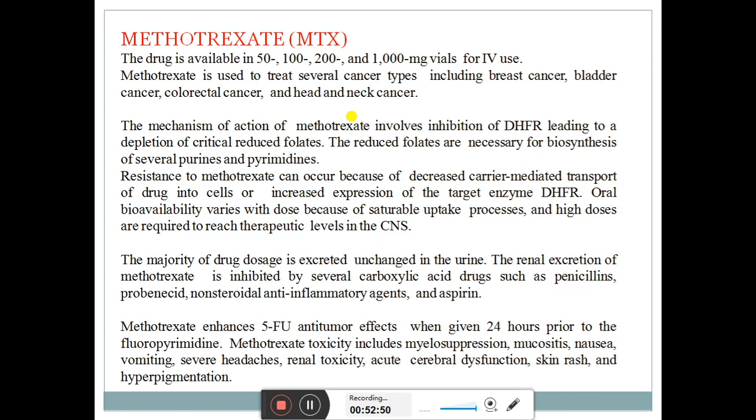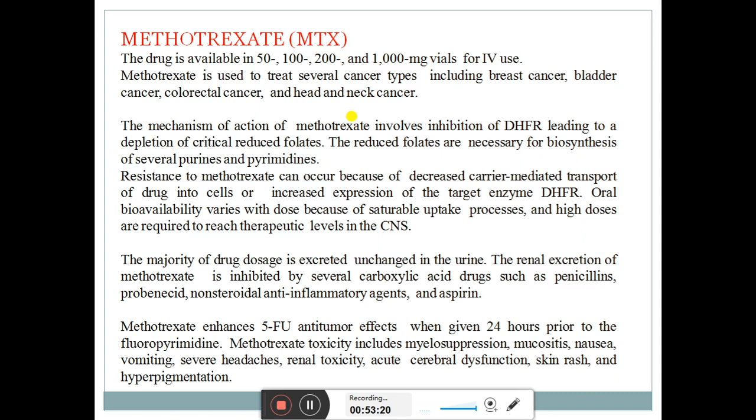What is the resistance for this drug? Resistance occurs because of decreased carrier-mediated transport of the drug into the cell or increased expression of the target enzyme DHFR. Oral bioavailability varies with dose because of saturable uptake processes, and high doses are required to reach the therapeutic level in the central nervous system.